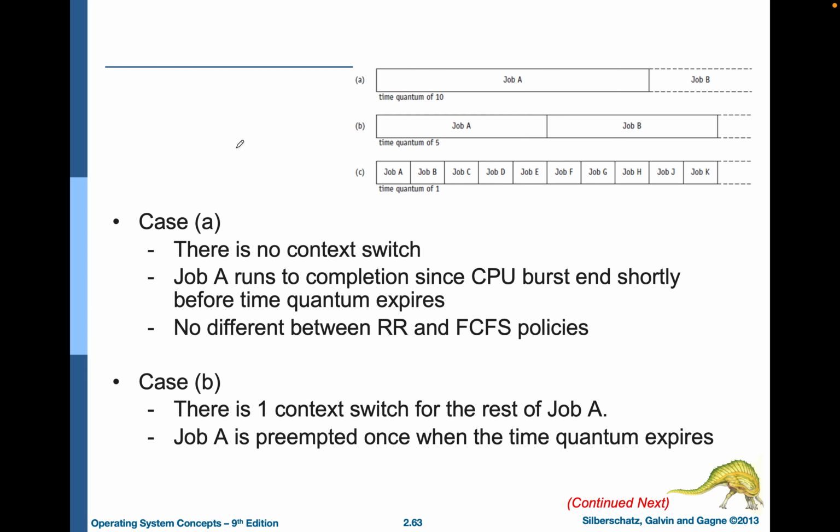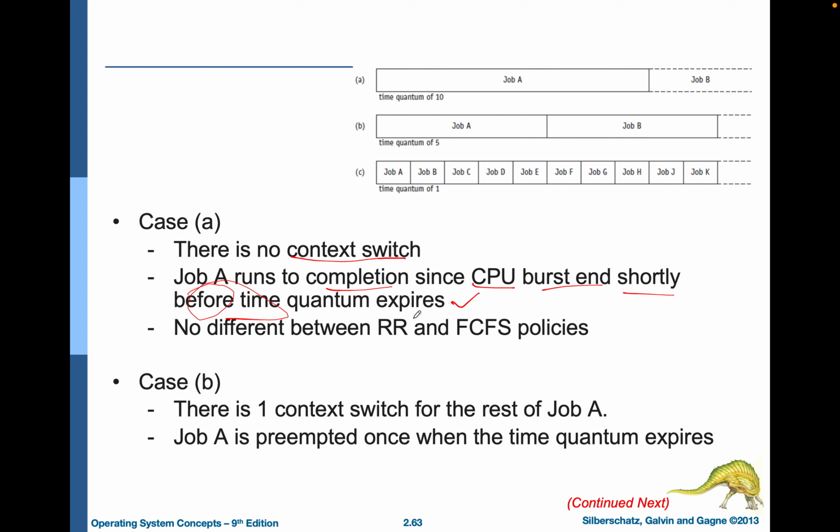Okay, for case A, there is no context switch because you finish first, isn't it? So job A runs to completion since the CPU burst is shortly before the time quantum expired.